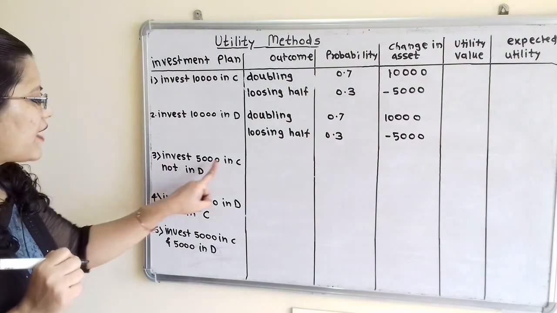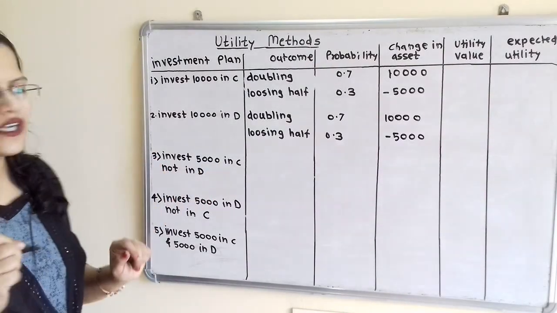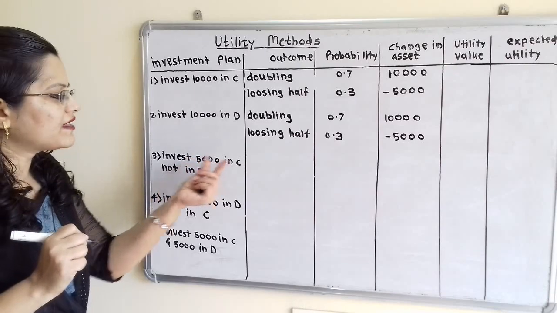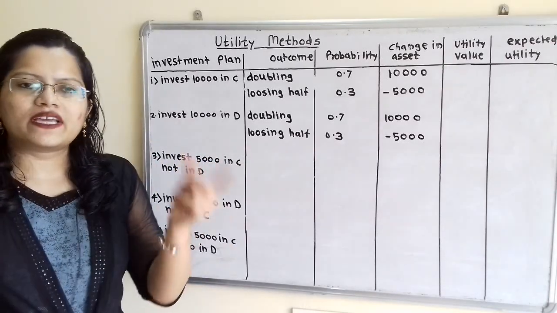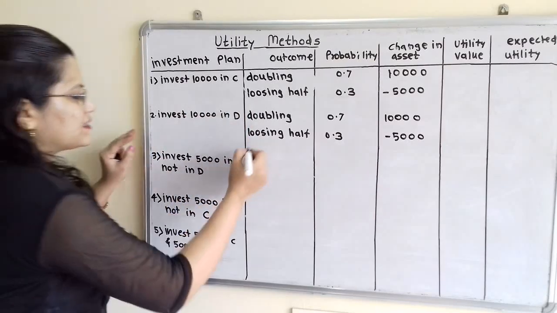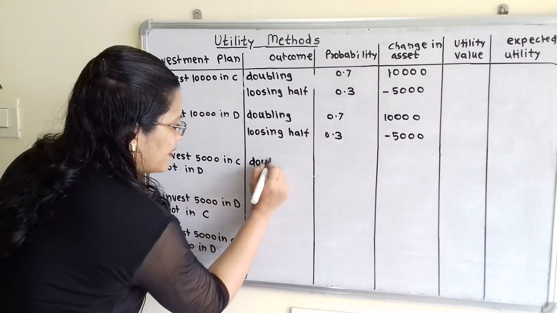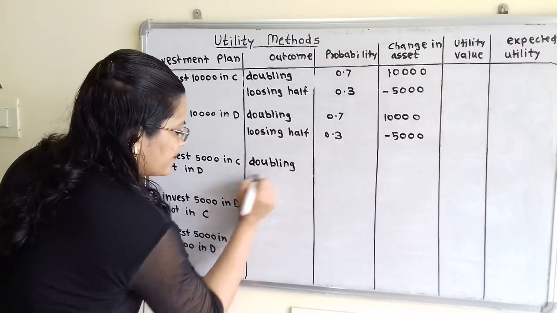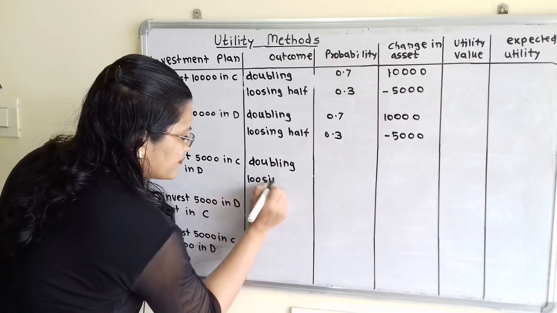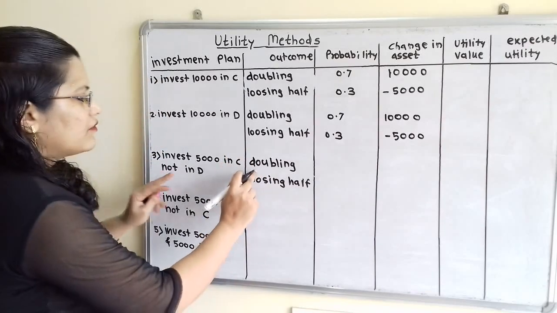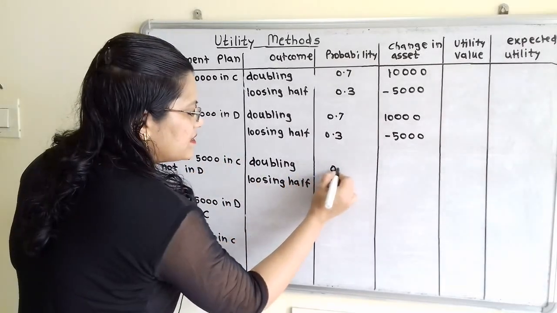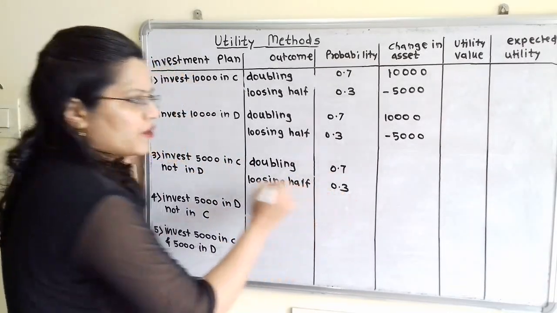Then invest 5,000 in C and not in D. So only 5,000 rupees we have to invest. Again, for any amount the same possibilities are there, doubling and losing half, with the same probabilities 0.7 and 0.3.